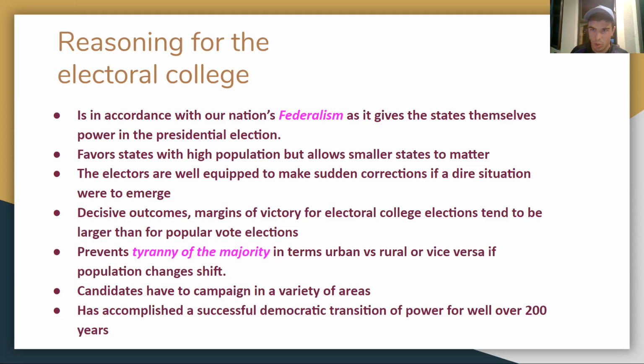Now, a tyranny of the majority, we did go over earlier this year, is seen to be a fundamental shortcoming of democracy, where the 51% has unlimited influence and control over the 49% that didn't win the democratic election. But you can have certain things in place to make sure that doesn't happen, to make sure that the majority doesn't oppress the minority.